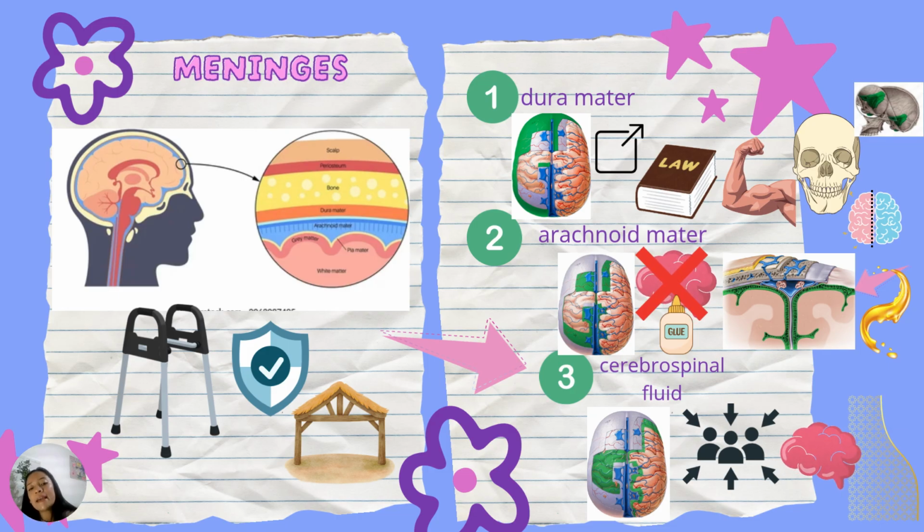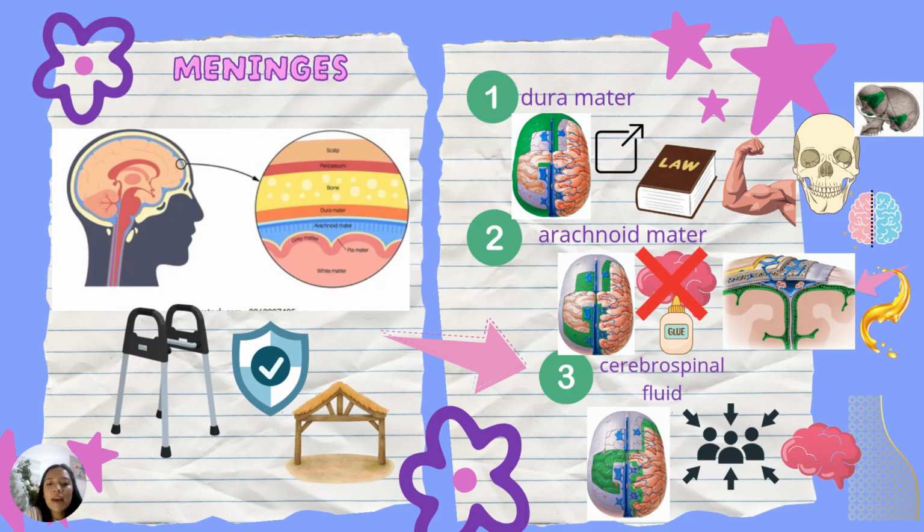The second layer is the arachnoid mater, which is thinner and located between the dura and the pia mater. So this is the dura, this is the skull, and then we have like a little paper between this, that is thinner and located between the dura and the pia.